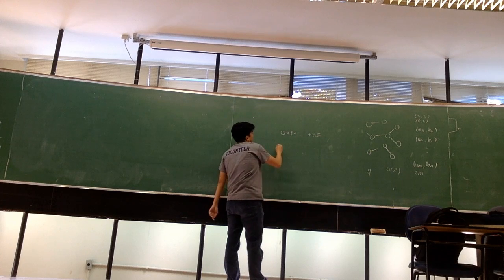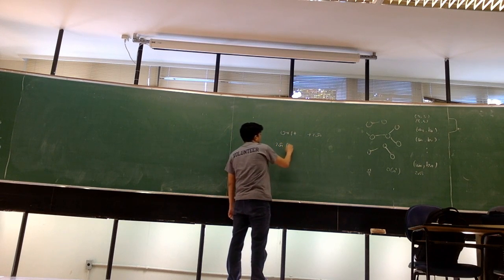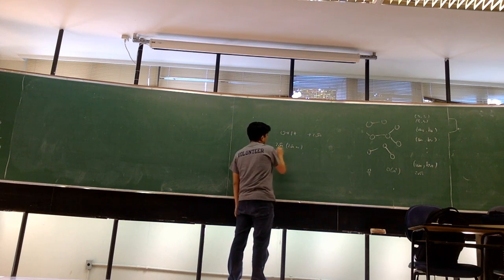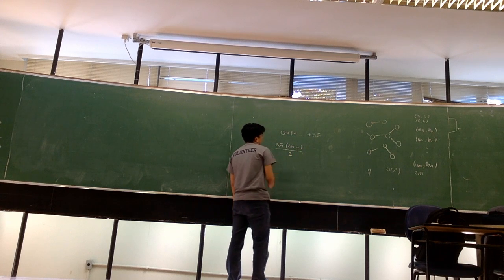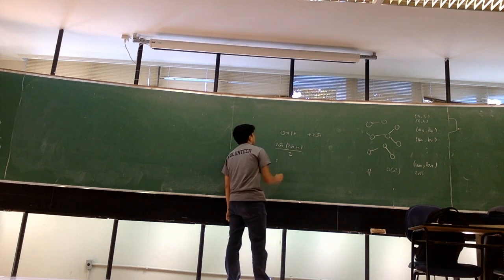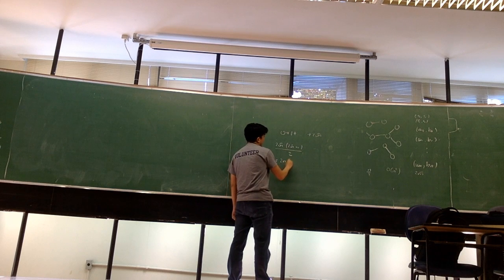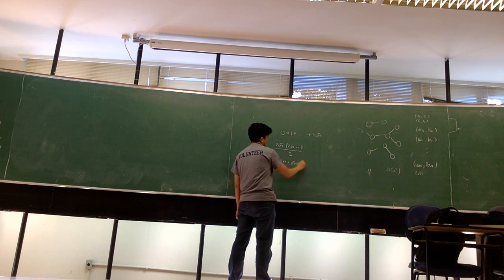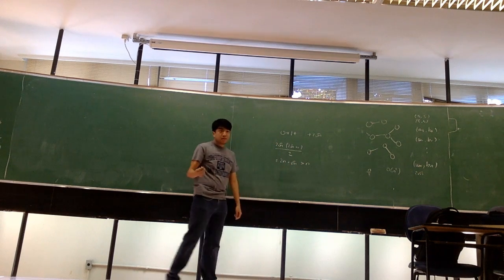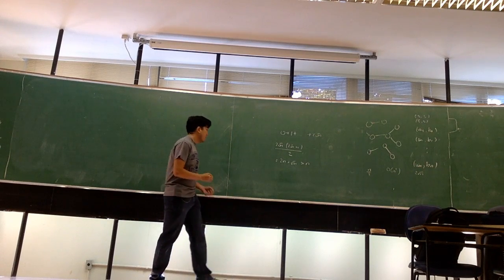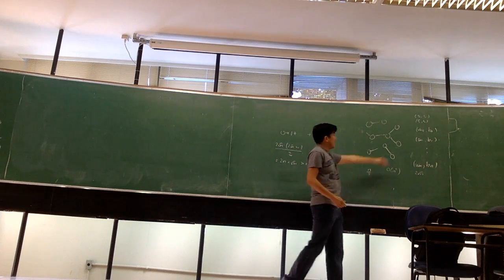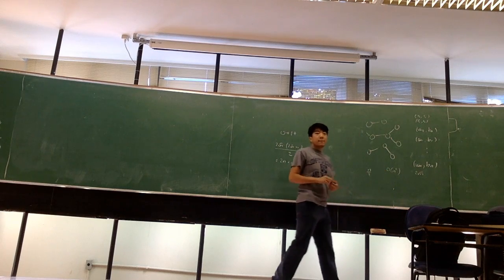But this is equal to roughly 2n plus 2 root n, which is greater than n, which cannot happen, because I know that the sum of all these differences doesn't exceed n.